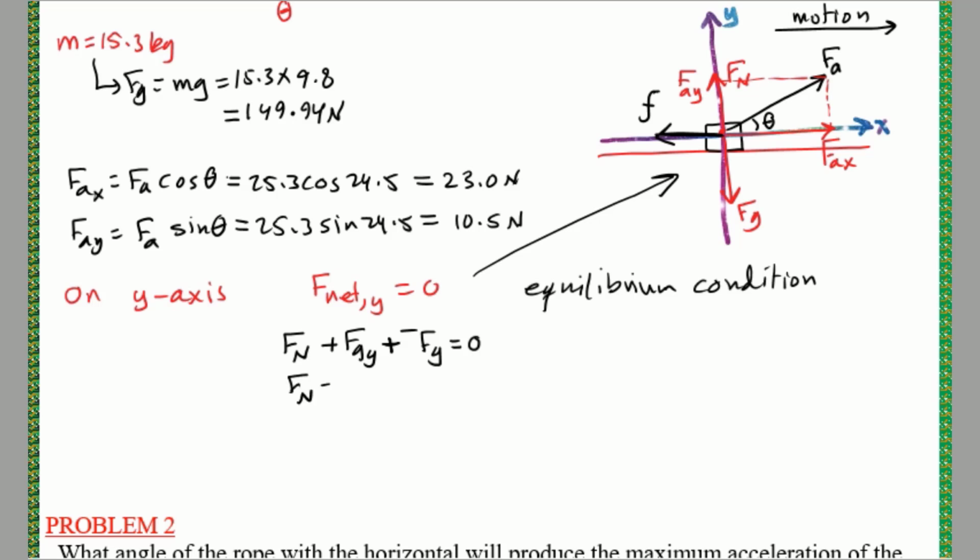F normal equals Fg minus Fay. Fg is 149.94 minus Fay, which is 10.5, and the answer is 139.4.